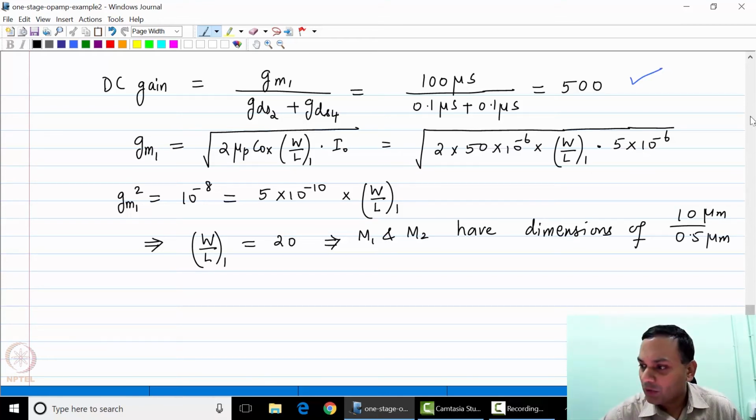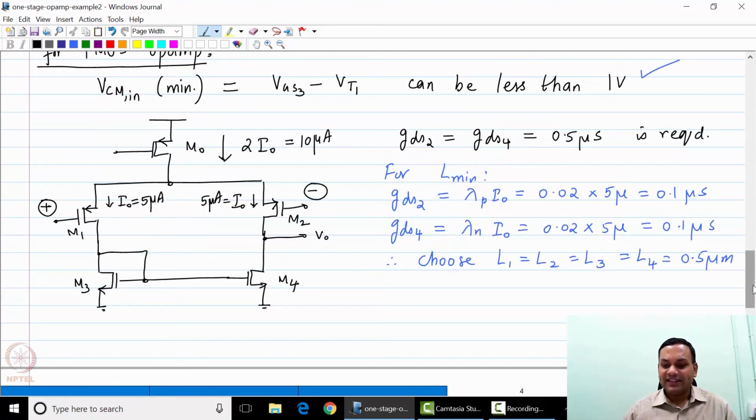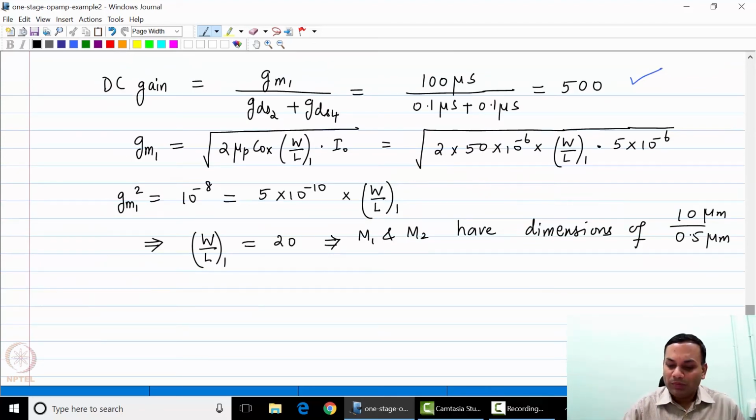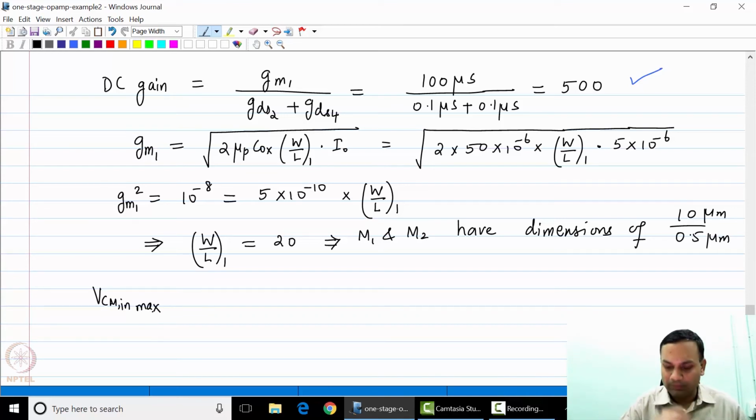So we now have the sizes of M1 and M2. Let us now decide the size of M0. Since we know the size of M2, we can calculate the size of M0 in the following way. We know that VCM in max should be equal to 3.5 volts.